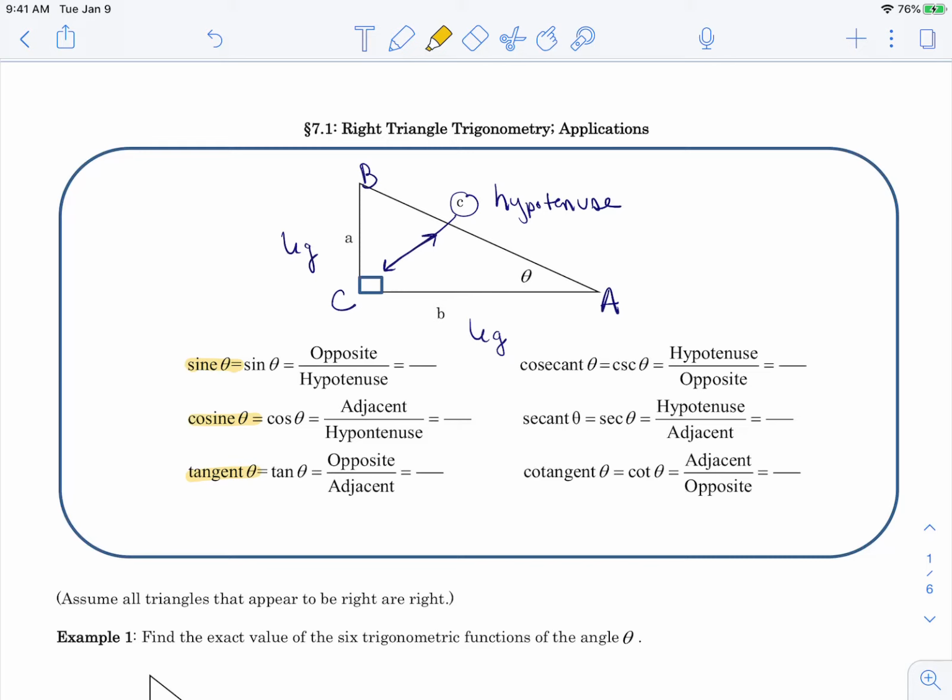Sine of theta, cosine of theta, tangent of theta, cosecant theta, secant theta, cotangent theta. These are functions, okay? So if you remember in your 111 days, your input is your theta, and what this function will spit out is a ratio of side lengths.